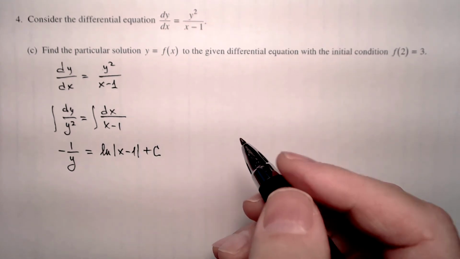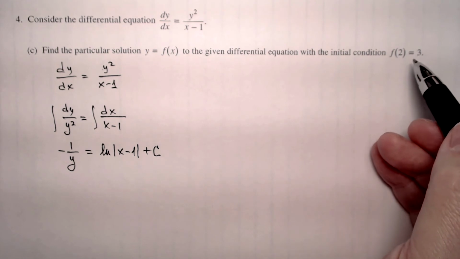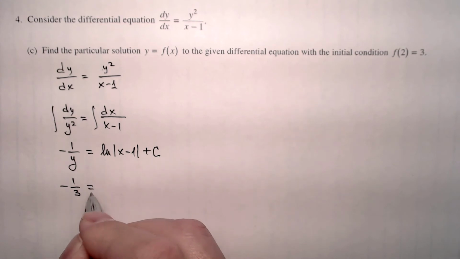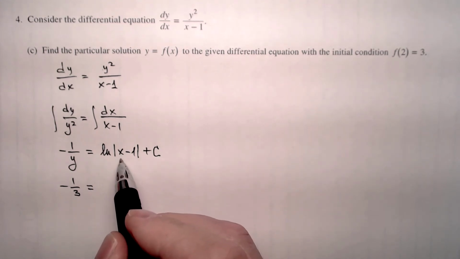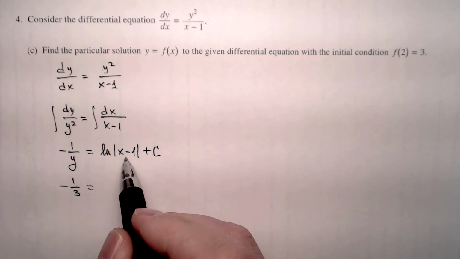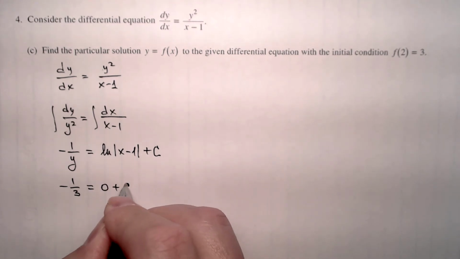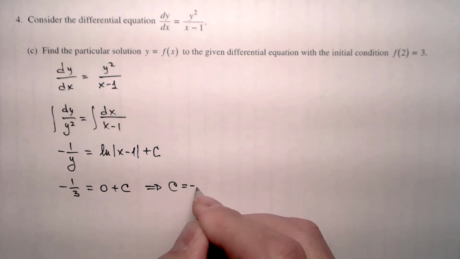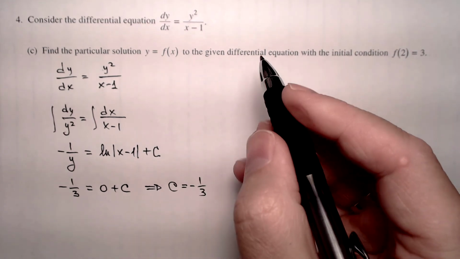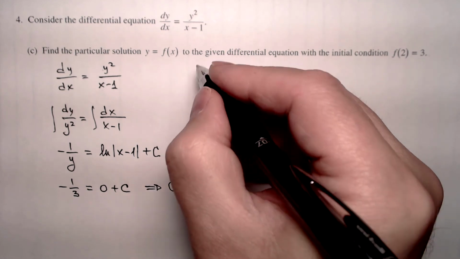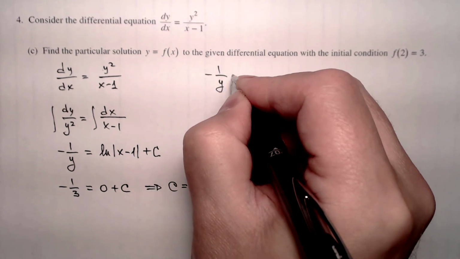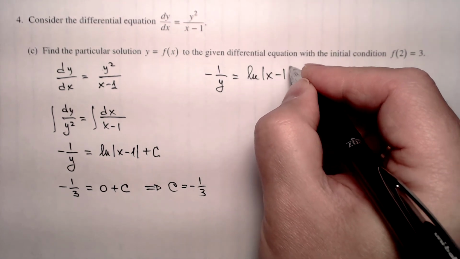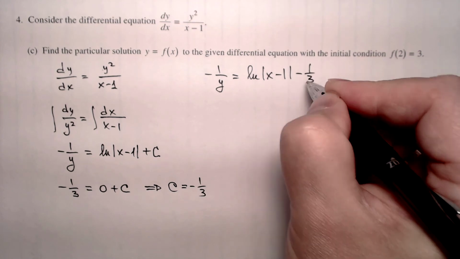Let's now find what c is by plugging in the initial condition. We get negative 1/3 equals ln of 2 minus 1, ln of 1 is 0, so 0 plus c. From here we can see that c is equal to negative 1/3. So let's write this down further, plugging in here: negative 1 over y equals ln absolute value of x minus 1 minus 1/3.